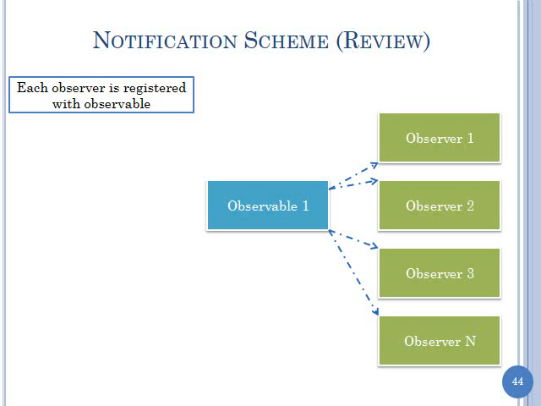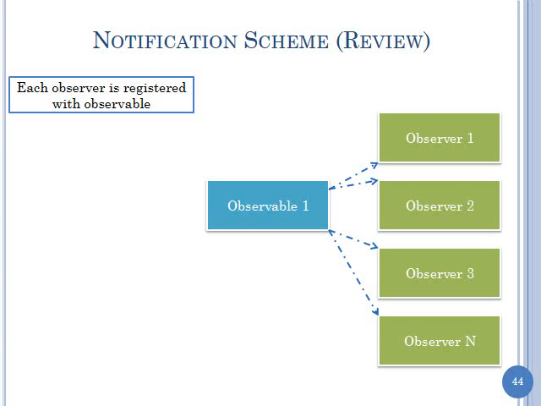So for the model to inform its views, if the model informs some other object about what's happening in its state, the other object could be a view, it could be some other kind of object, then the notifying object is called the observable, and the notified objects are called the observers. The English words are pretty self-explanatory here.